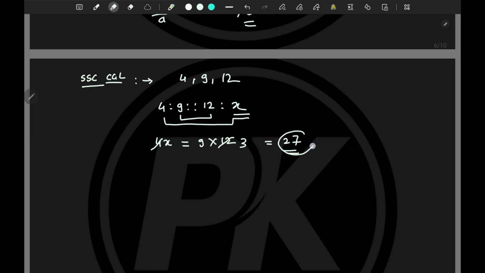That means the fourth proportional of 4, 9 and 12 is 27. These types of questions are asked. Now let's start with all the types of problems asked in the MPSC and UPSC examinations.